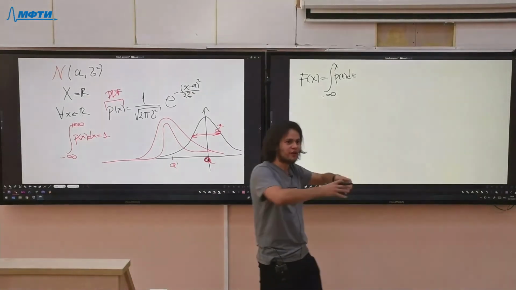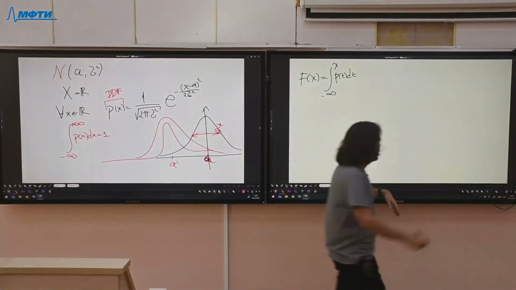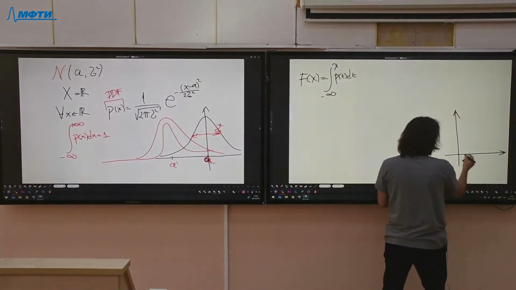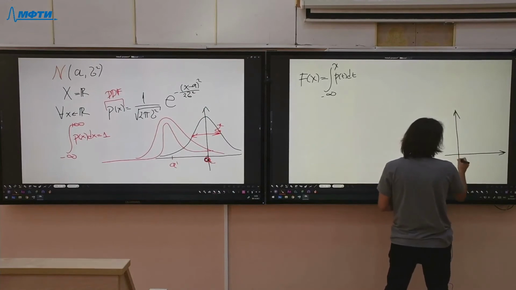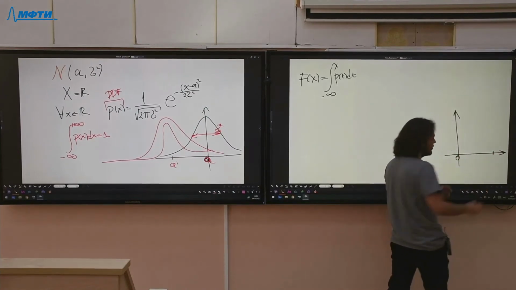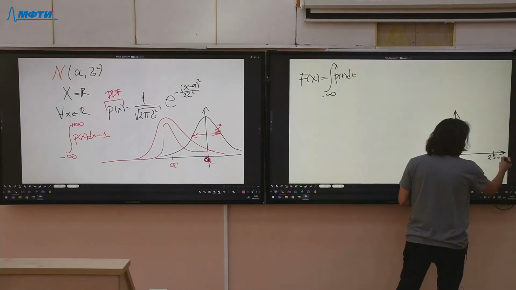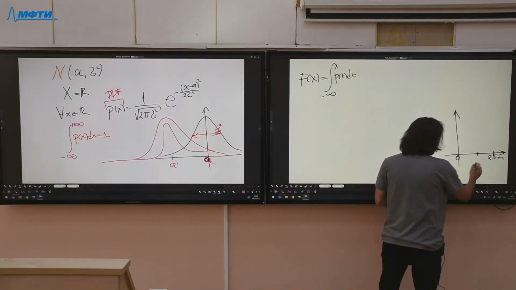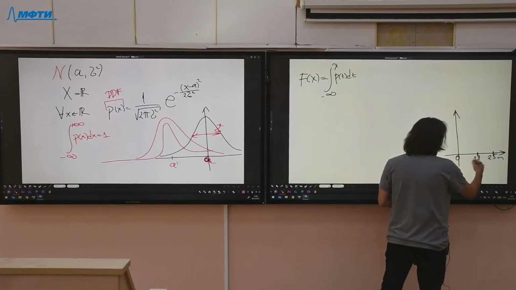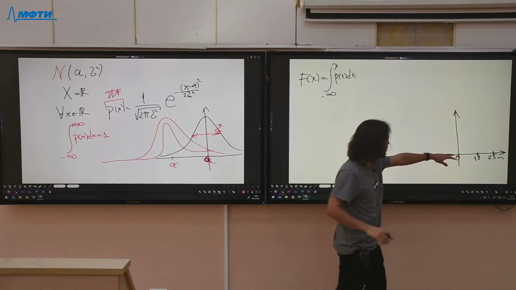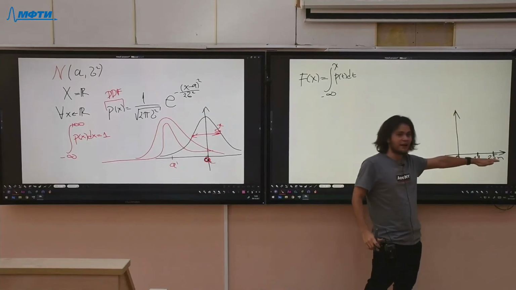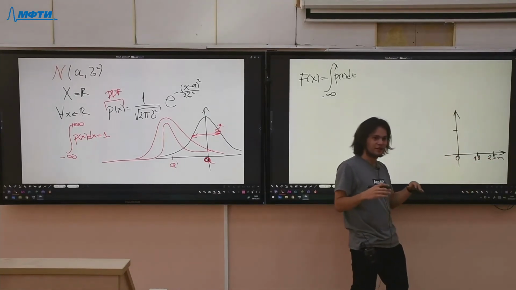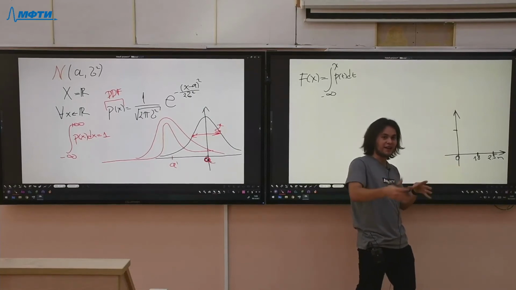If you look at all the people in the world, from, I don't know, 0 to 2 meters, 2.5 meters, and the middle is 1.8, 1.7, I don't know. So here is the height of the people, and here is the number of persons with this height.